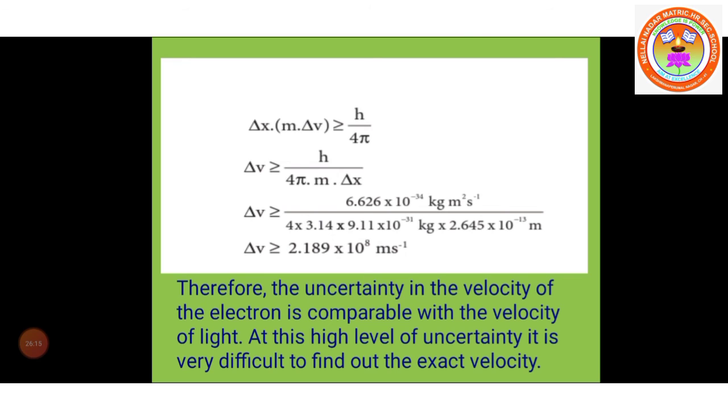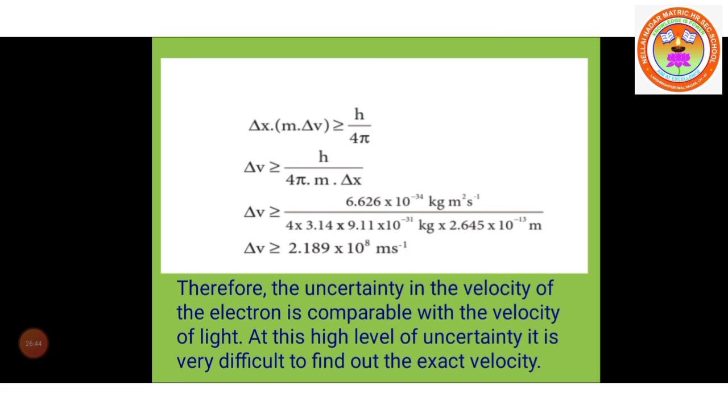Then we simplify, canceling out kilogram and meter square, so the unit is meter per second. Multiplying and dividing, we get 2.189 into 10 to the power 8 meter per second.